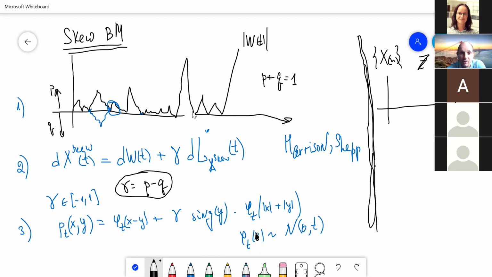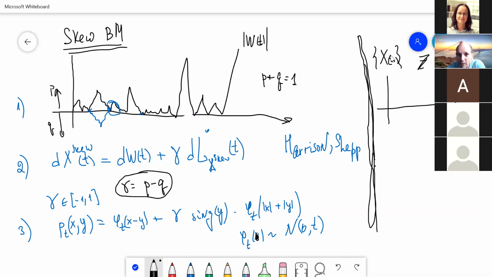And the result is a skew Brownian motion. If P equals Q equals 1/2, then each excursion is up with probability 1/2 and down with probability 1/2. And it's clear that the result is just a linear process.